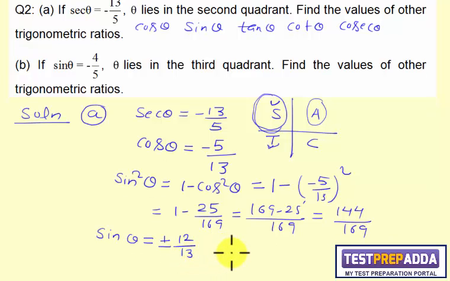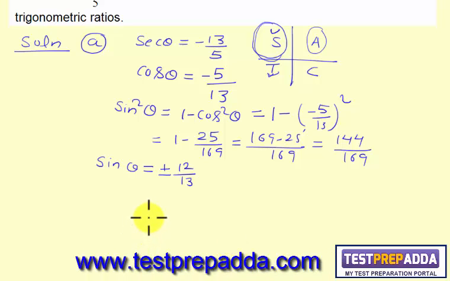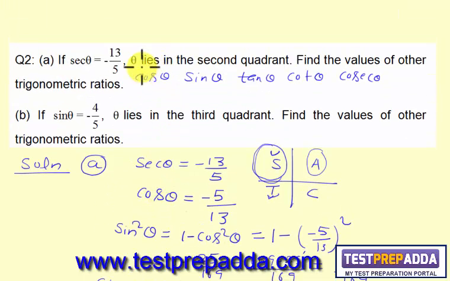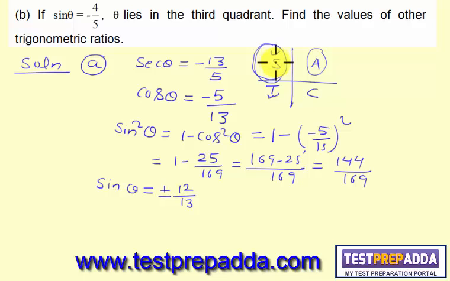Now the question arises: do we select plus 12 by 13 or minus 12 by 13? So what is given in the question? Very special statement: theta lies in the second quadrant, and in the second quadrant sine is what? Positive. So we will reject the negative value and we will say sine theta is 12 by 13.